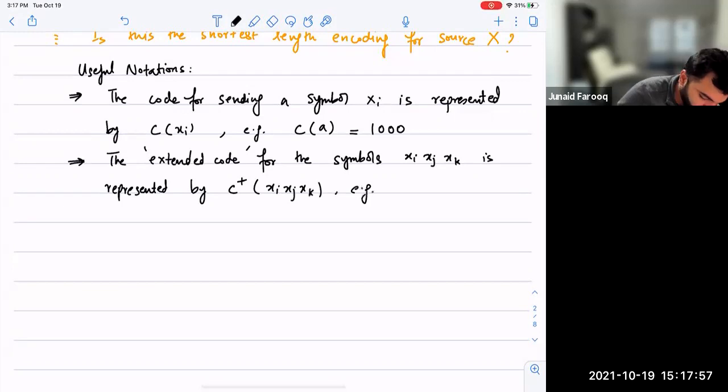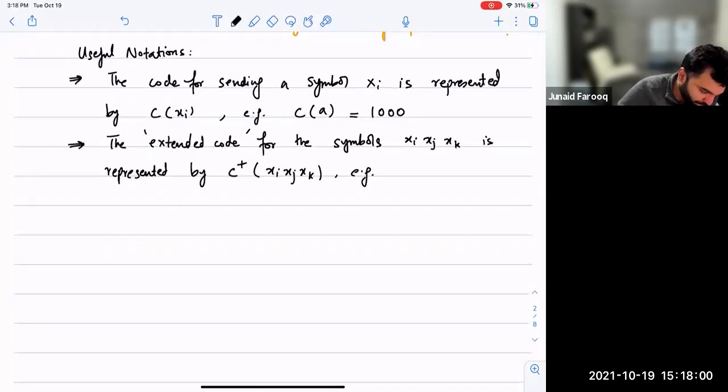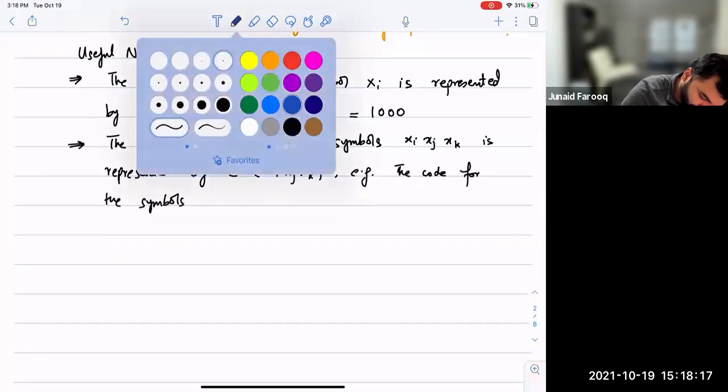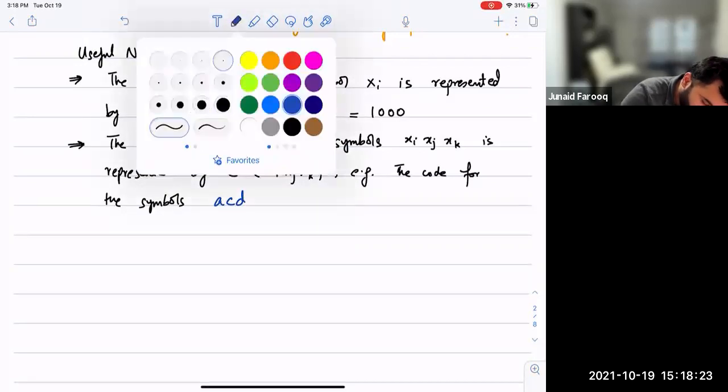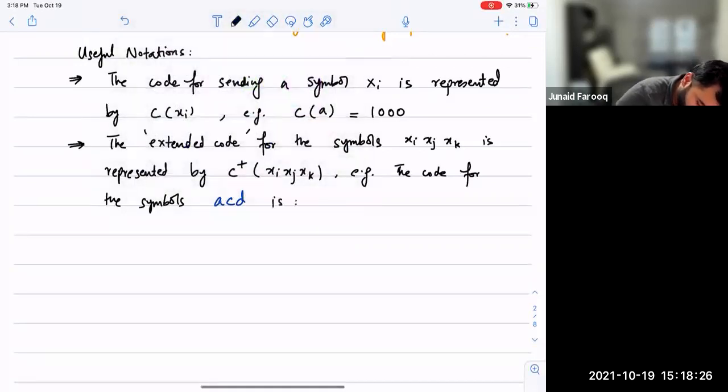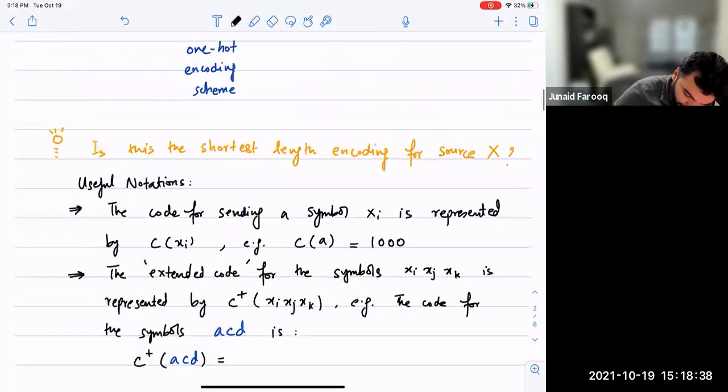So for example, the code for the symbols ACD is actually C plus of ACD, and that turns out to be just concatenating the three.